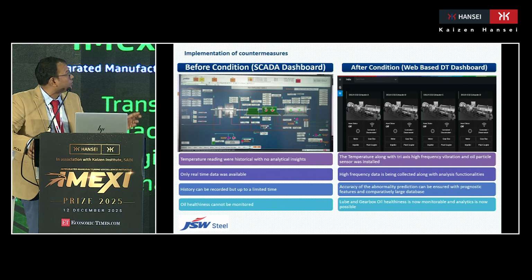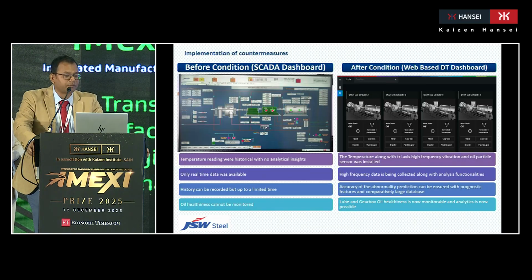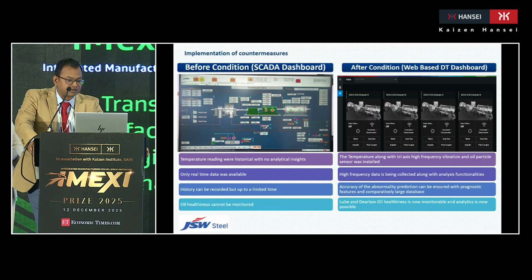And this is the condition after the completion of the project. As you can see, before implementation of this digital twin project, we only had the level 1 SCADA system, with limited access to the real-time data, and it was not able to give any pre-condition alarm or prognosis for the system. But after the completion of this project, along with this level 1 SCADA system, we are able to get temperature with the triaxial vibration system, and oil particle sensors were installed.